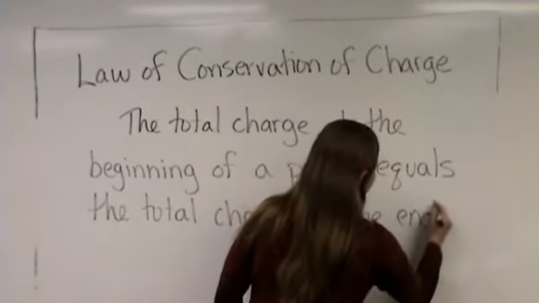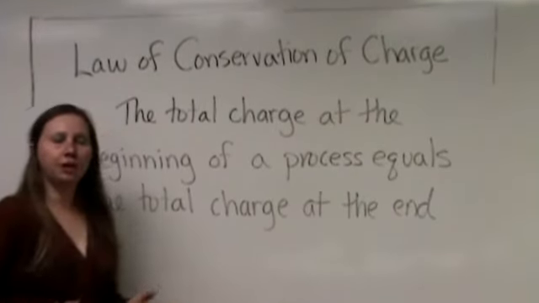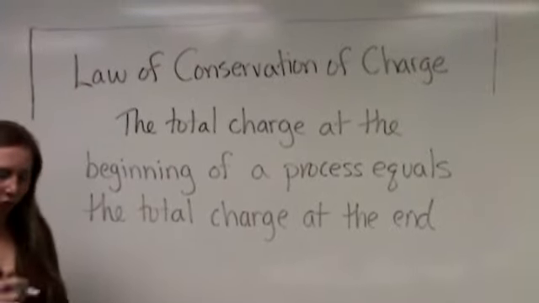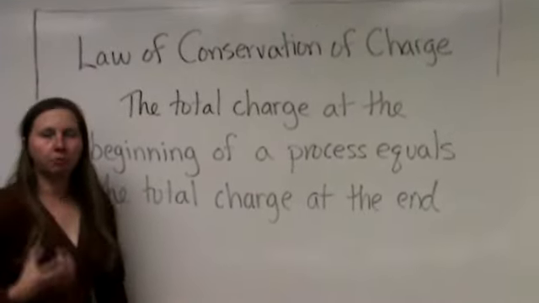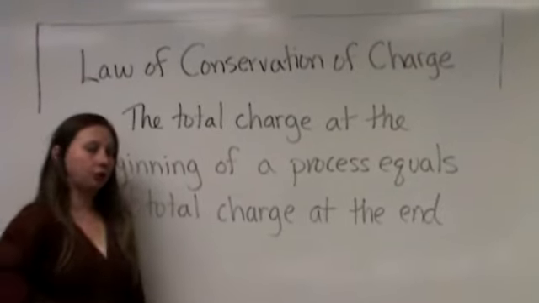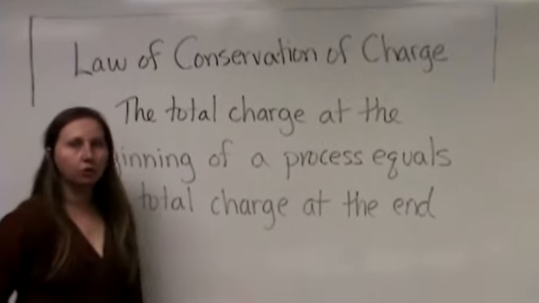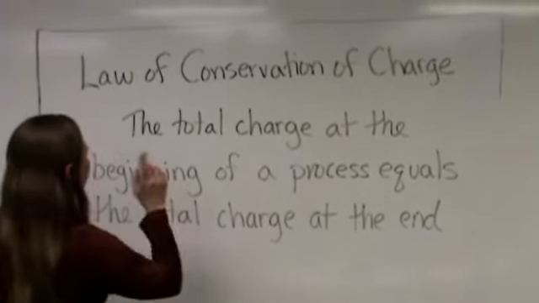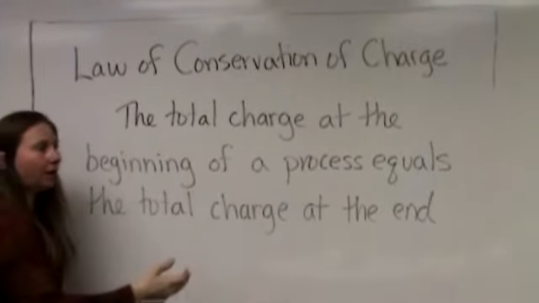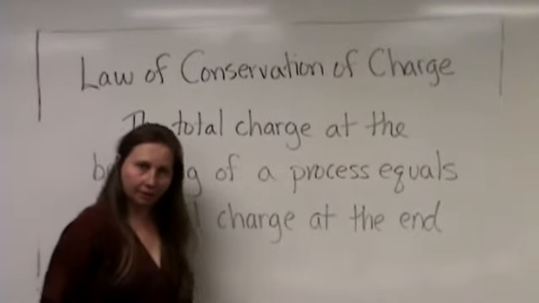So, when we say in third grade that energy cannot be created or destroyed, or charge cannot be created or destroyed, what we mean in a more sophisticated way is that you don't create any charge, so you don't get any more, and you don't destroy any charge, so none of it goes away. So, since you don't get any more, you don't destroy any, the total charge at the beginning equals the total charge at the end.